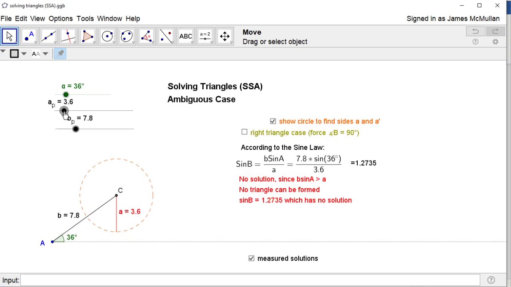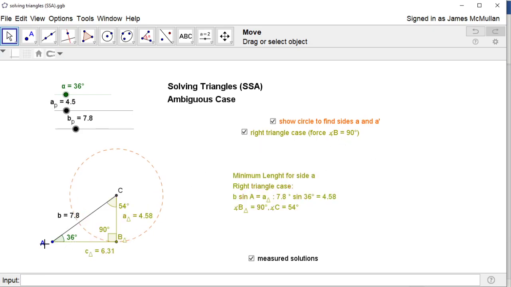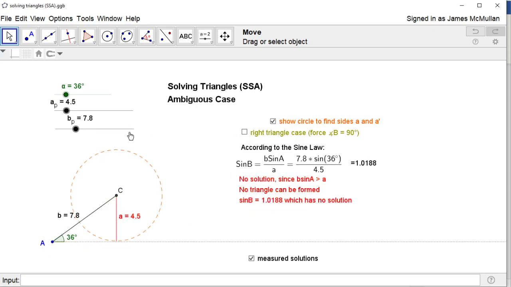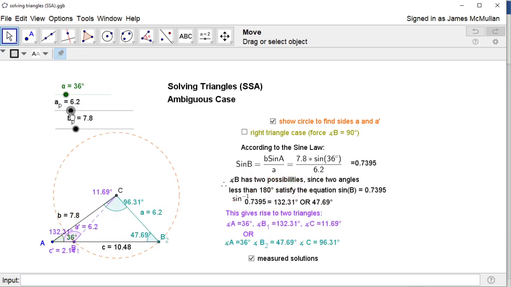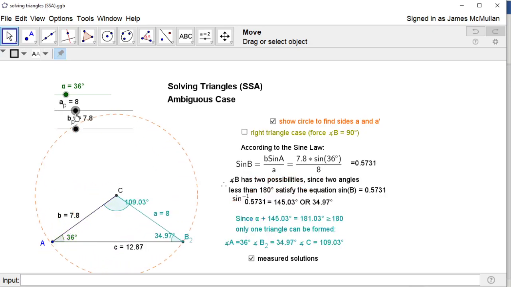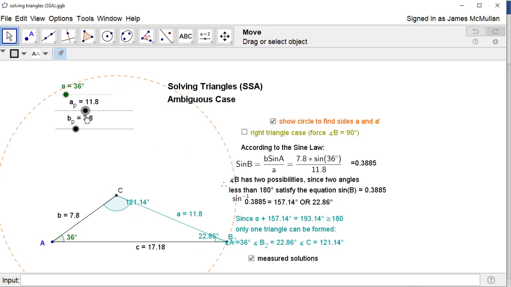It's possible there'll be no solutions. It's possible there will be exactly one solution if the triangle is a right angle. It's also possible that there will be two solutions, or again, if this side is so big, it goes back down to just one solution.